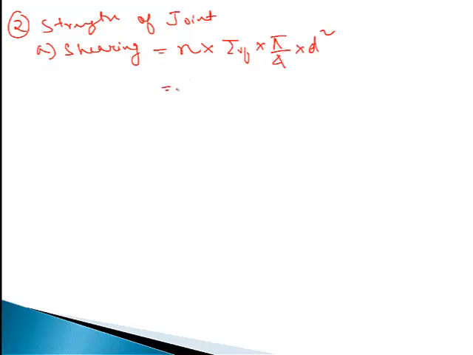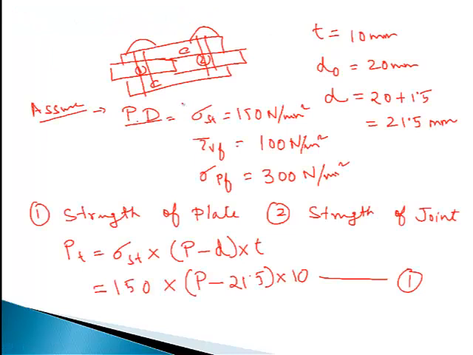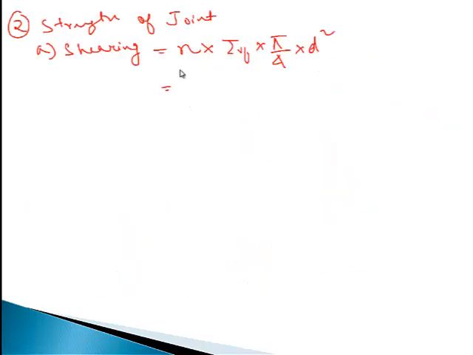What is N? Number of shear planes. In this diagram, in a double cover butt joint, the number of shear planes is 2, because this is one shear plane and below there is another shear plane. So N will be 2. So 2 into tau VF, which we consider 100, into pi by 4 into 21.5 whole square.